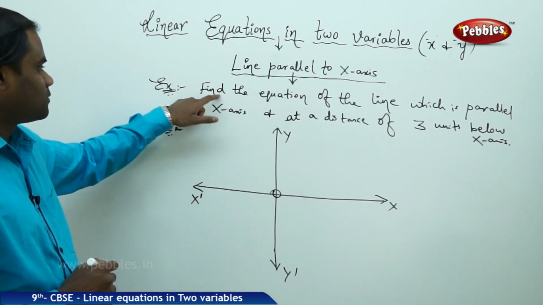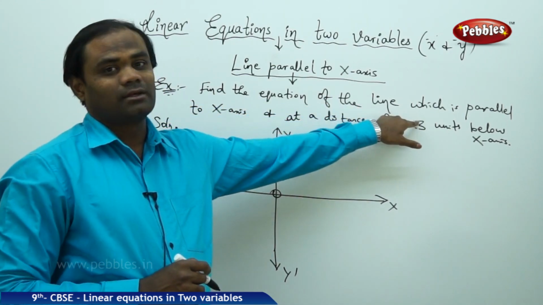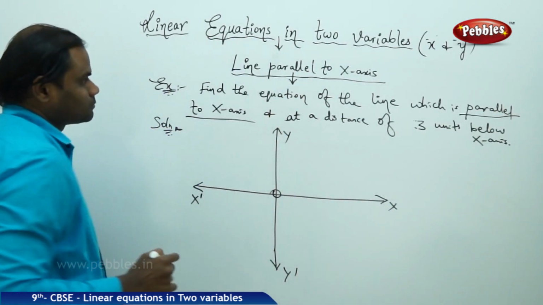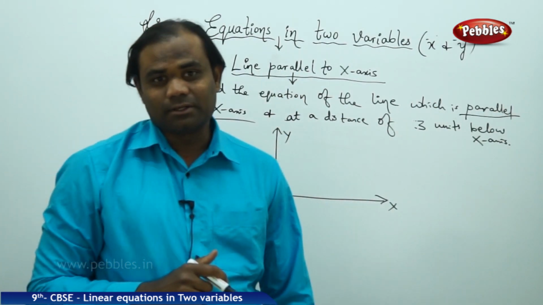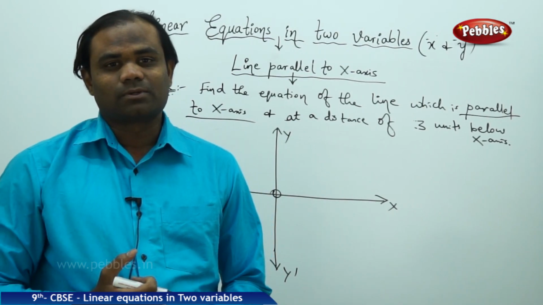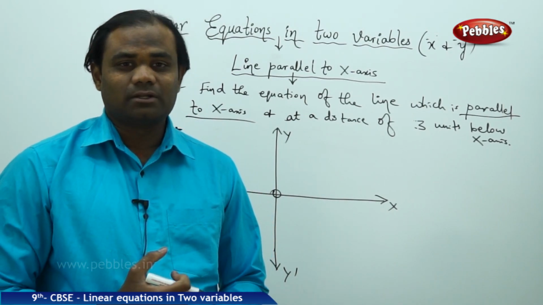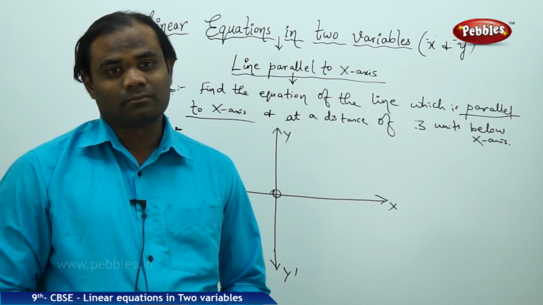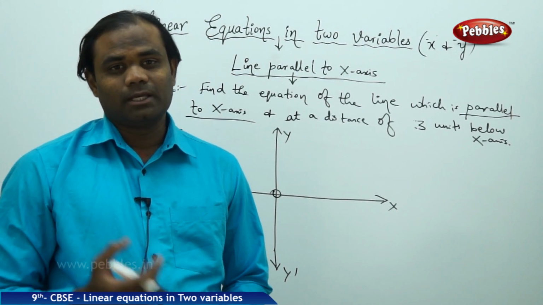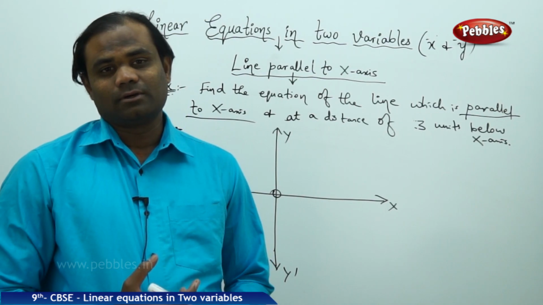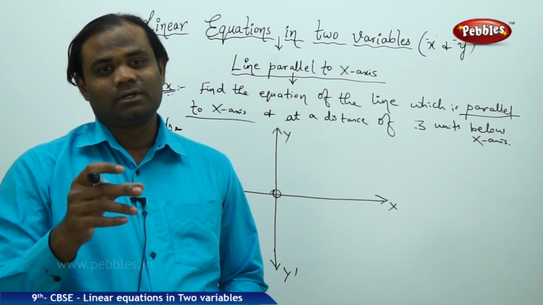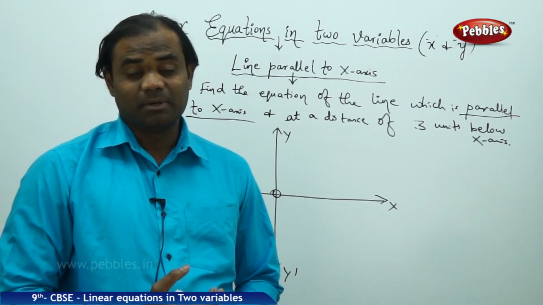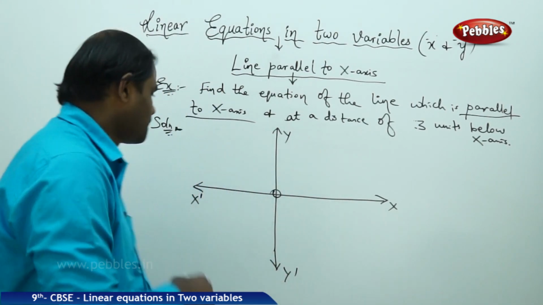Now the question says we have to find the equation of the line which is parallel to the x-axis. The condition we have seen in the previous session is that any line parallel to the x-axis is of the form y equals k. What's k? k is the y-intercept, or the perpendicular distance between the x-axis and the line.